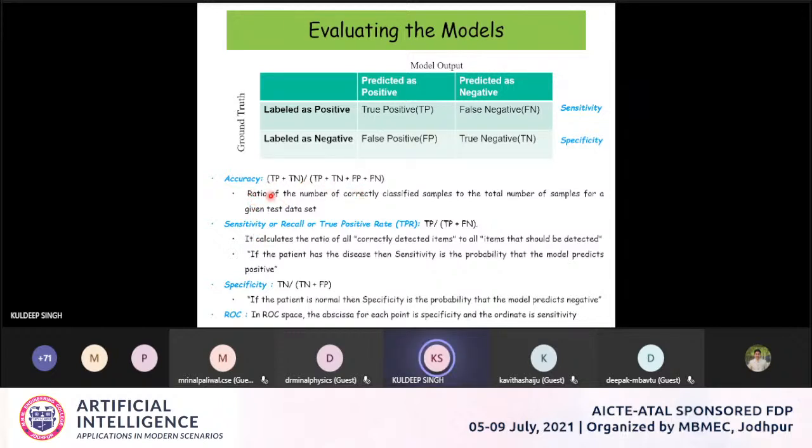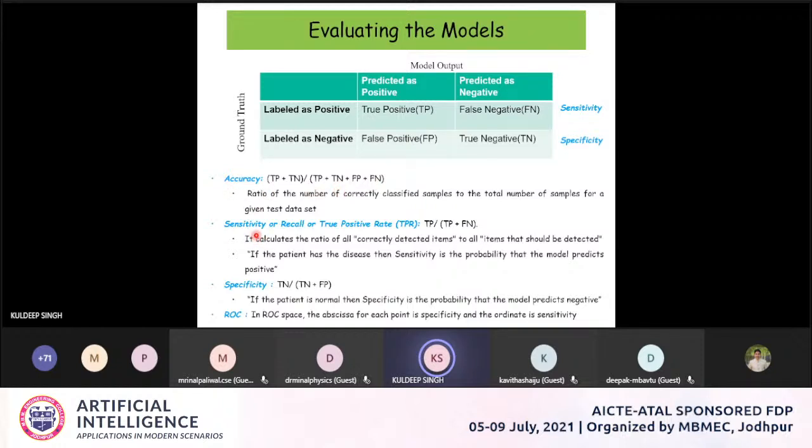Like the accuracy. As I was telling you, only these 2 numbers are of our interest. So the ratio of true positive plus true negative and the total test size is accuracy.